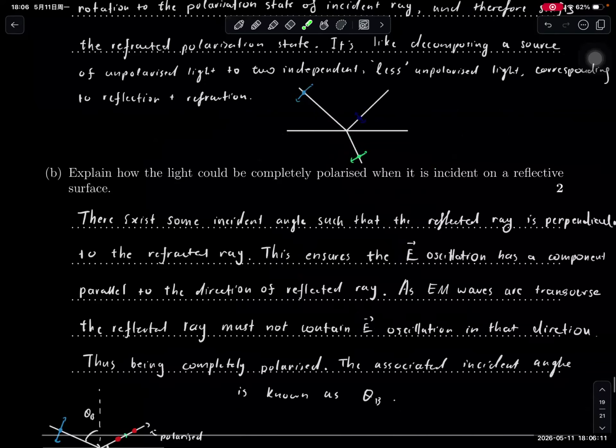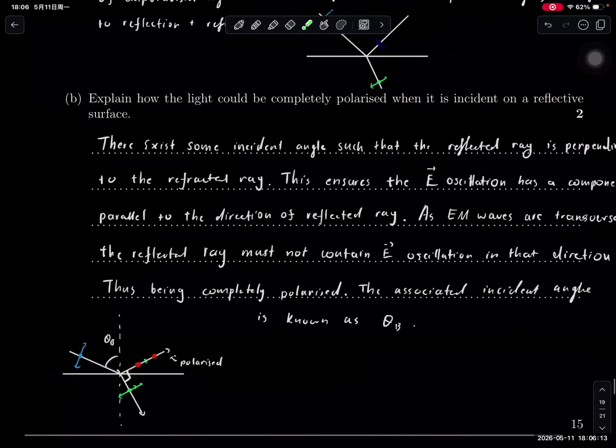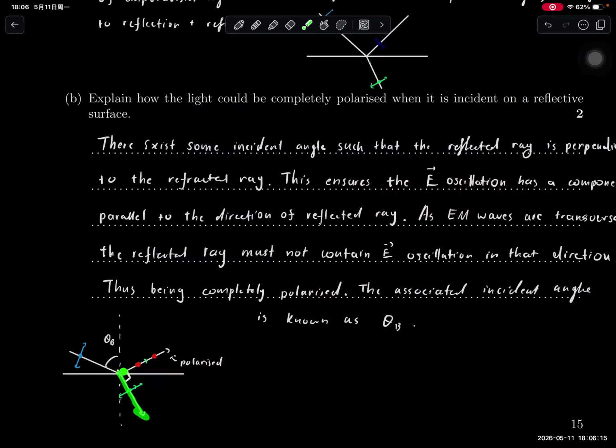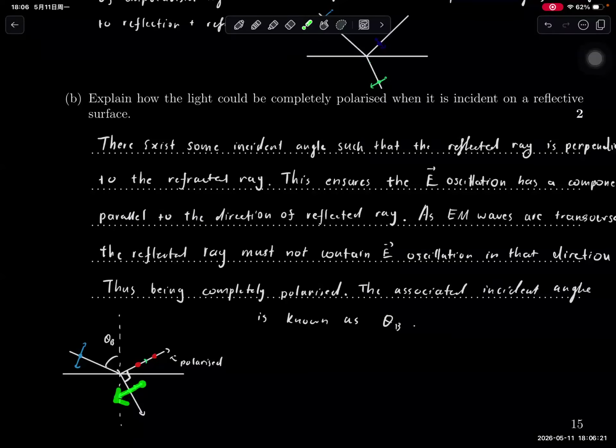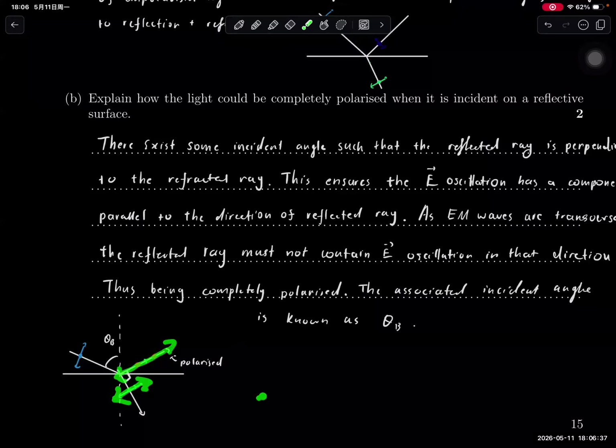That angle corresponds to when the refracted beam is perpendicular to the reflected beam. We know the refracted beam must have an electric field oscillation perpendicular to its direction of propagation, so that's this direction I'm drawing here. If this line is perpendicular to this line, you see how this electric field oscillation is then parallel to the direction of the reflected beam.